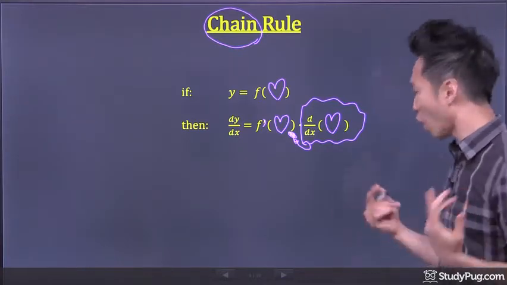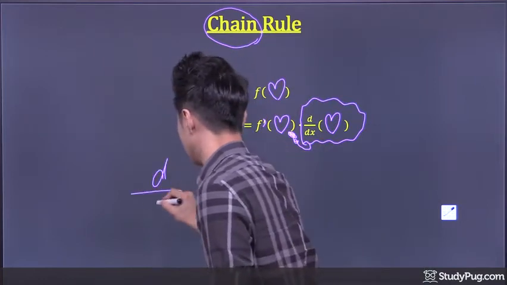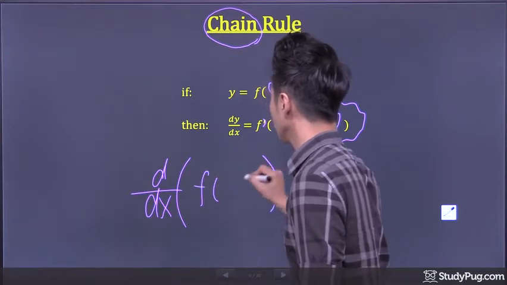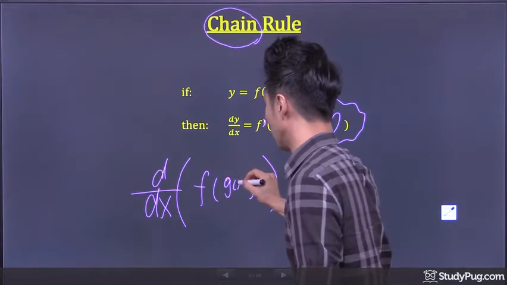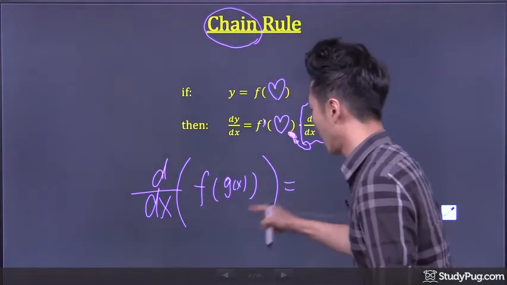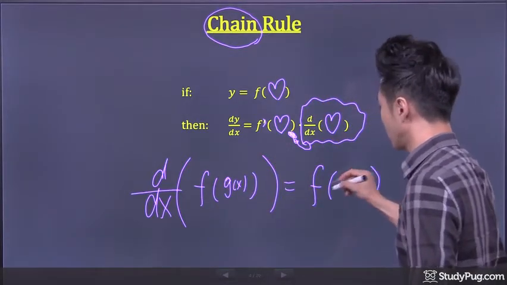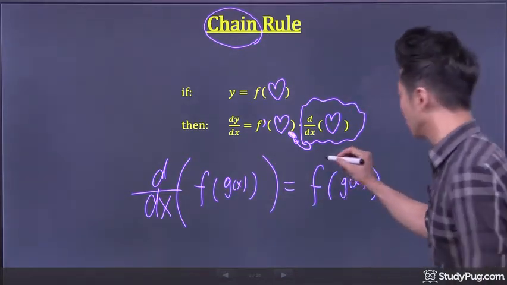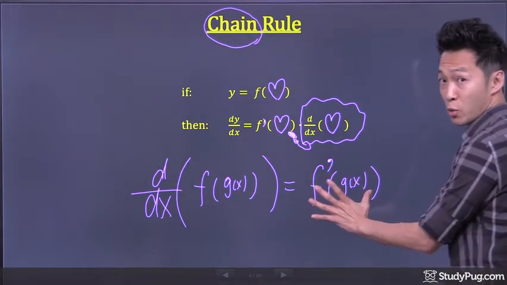Just so you know, the official definition from the textbook, you will often see something like this. The derivative of a composite function f of g of x, where inside the bracket we have another function, g of x, is: you copy down the whole thing, f of, inside, the same g function, but with a prime here, indicating that we are taking the derivative.